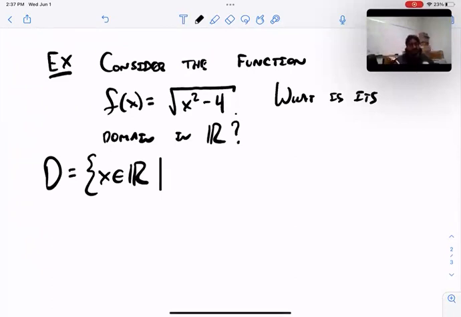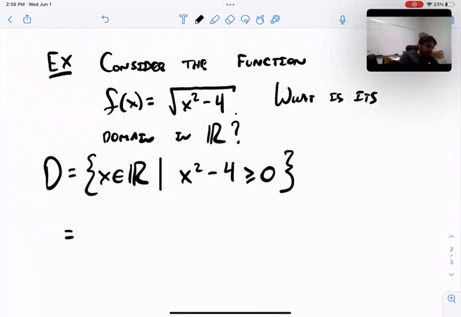It stands for such that, or if you put the colon, it stands for such that. So it's a set of all x in the real numbers such that what? Well, if this function is going to be defined over the real numbers, I need the radicand to be non-negative, right? 0 or greater. See, so I just defined the domain in set builder notation, right? Okay.